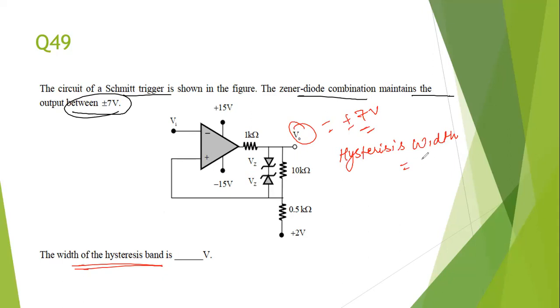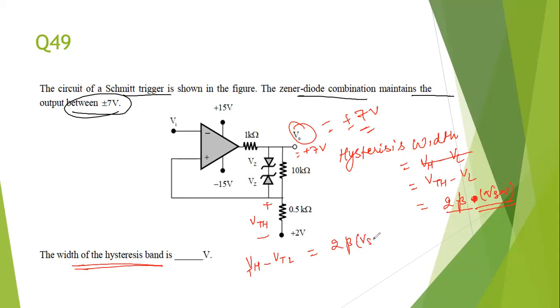The hysteresis width is VTH minus VTL, and this is equal to 2 beta V saturation. If V0 equals plus 7 volt, then this potential is called VTH, and VTL if V0 equals minus 7 volt. So hysteresis width VTH minus VTL is equal to 2 beta V saturation, and here V saturation output voltage is 7 volt.